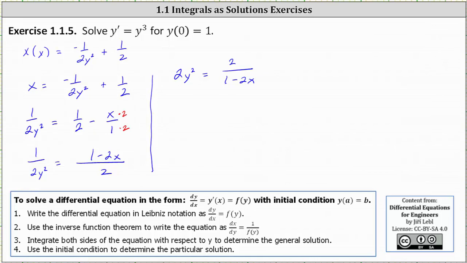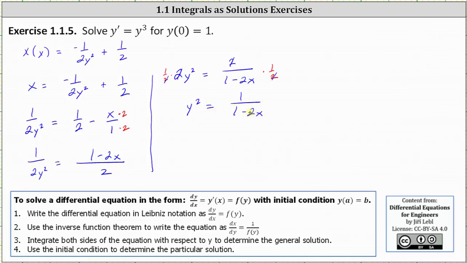And now let's multiply both sides of the equation by 1/2. Simplifying on the right, 1/2 times 2 is 1, giving us y squared is equal to 1 divided by the quantity 1 minus 2x.